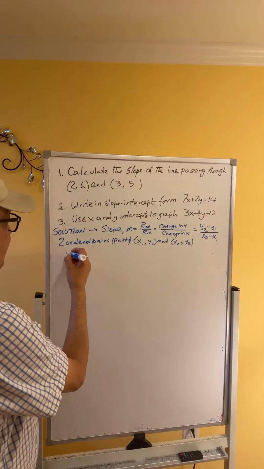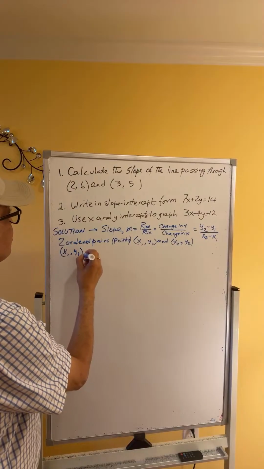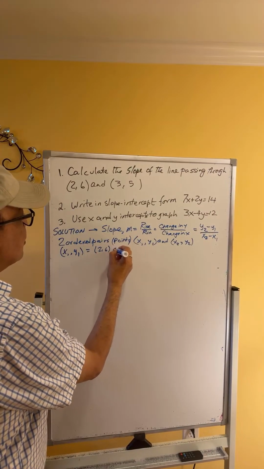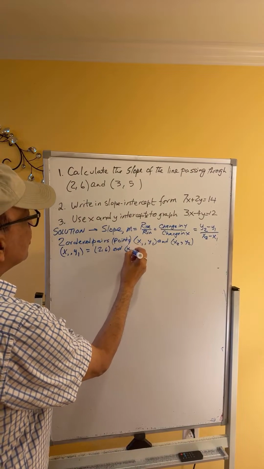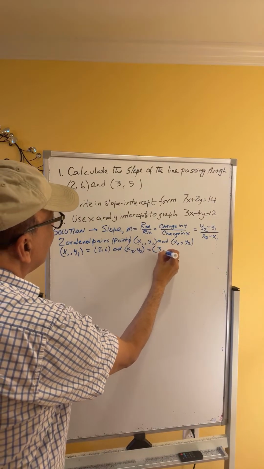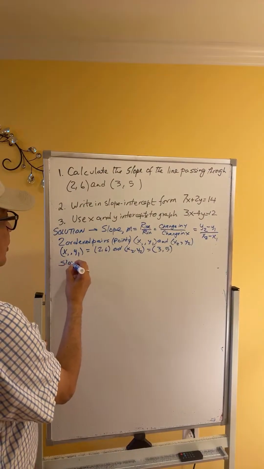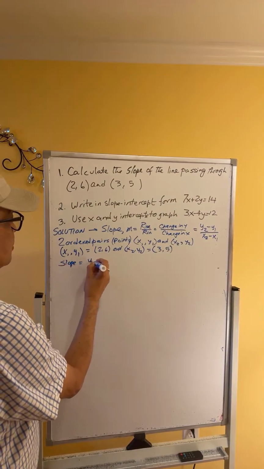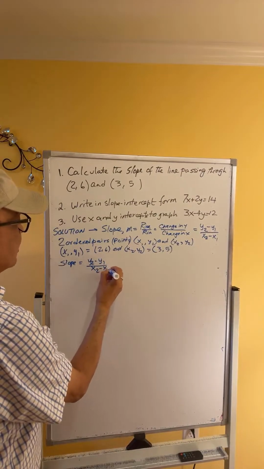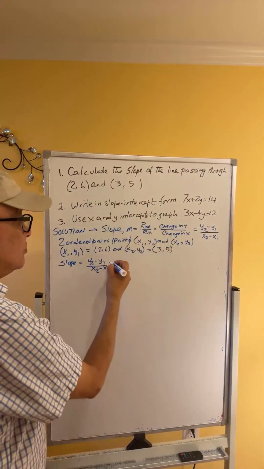In our case, x1 y1 is given as 2 6, the first ordered pair, and x2 y2 is the second ordered pair, which is 3 5. So if we plug it in the equation for slope, m is equal to y2 minus y1 divided by x2 minus x1. This is the slope of the line passing through these 2 points.